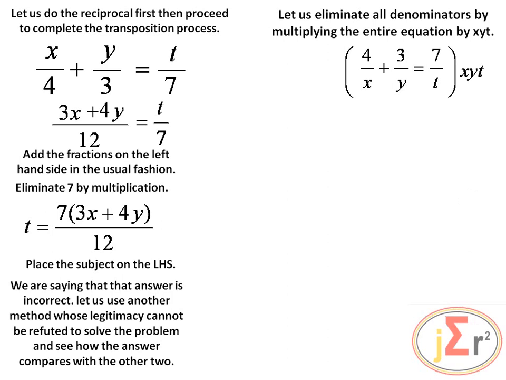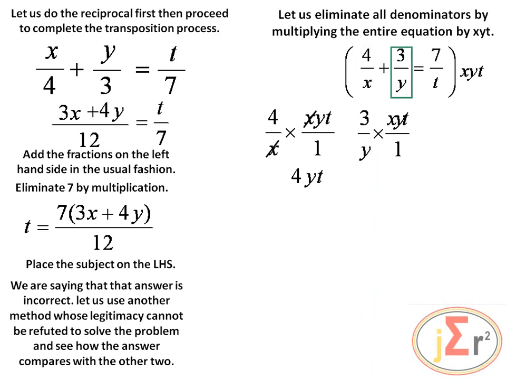So multiply by xyt, and we will take a look at that under the microscope by multiplying 4 over x by xyt. What will happen? The x's are gone. 4yt. What else? The other fraction. The y's are gone. 3xt.